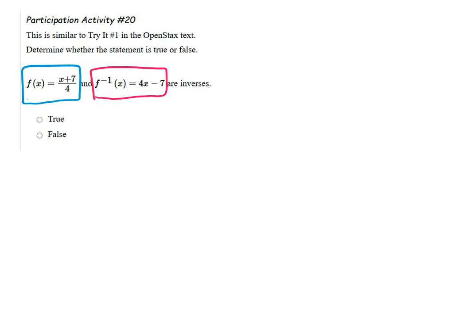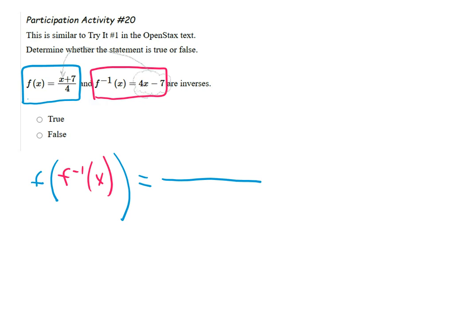If you want to calculate f negative 1 of x, then what you're going to do is you're going to take all of this 4x minus 7, and you're going to put it into the other function where the x is.